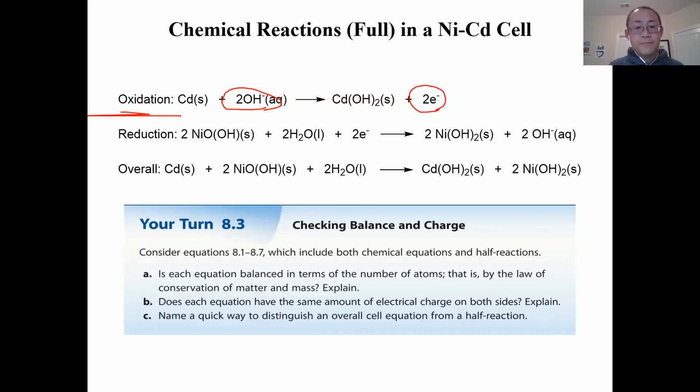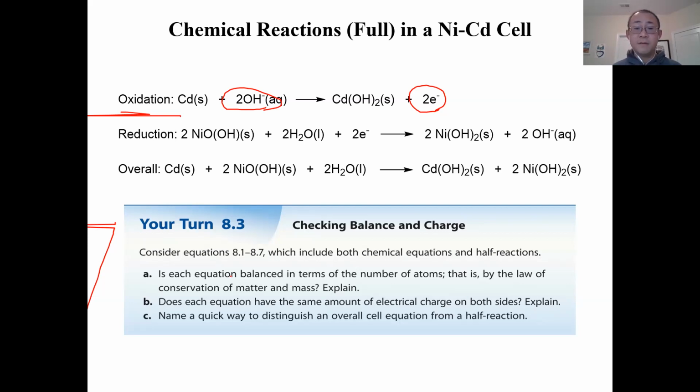But here, I want you to use this Your Turn 8.3 to practice, to look deep into these half reactions and overall reactions, to see that even though they're something new we learned in this chapter about half and overall, those reactions still follow what we have studied before about balancing chemical equations.